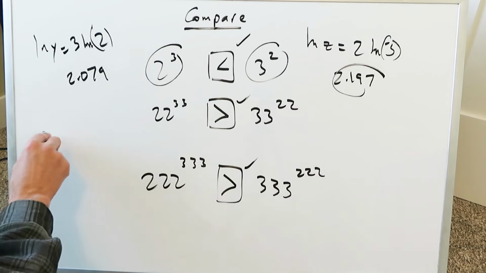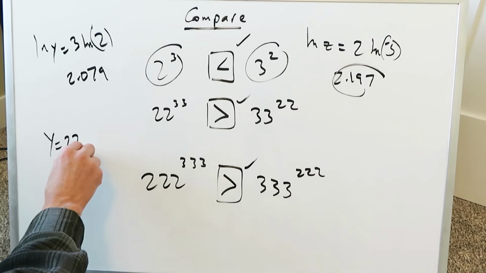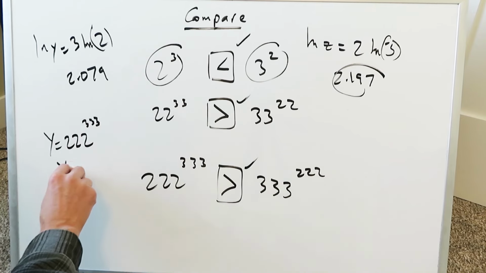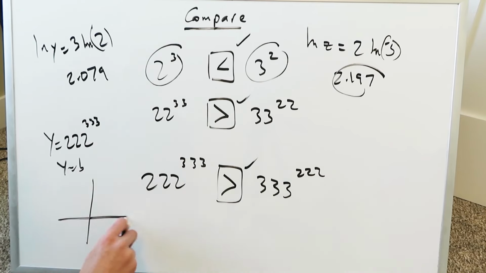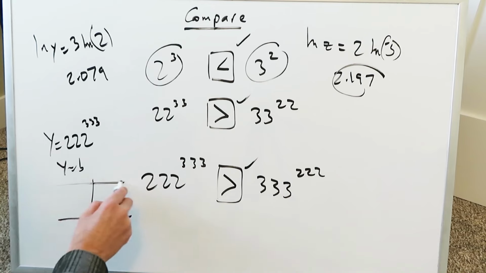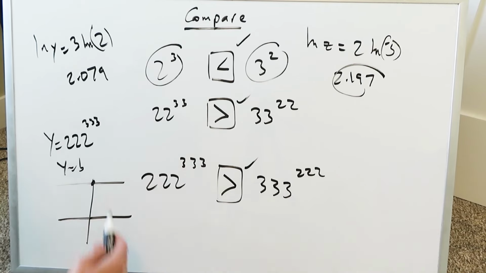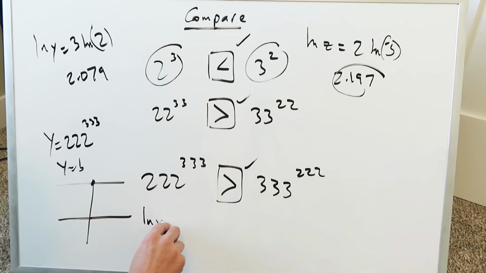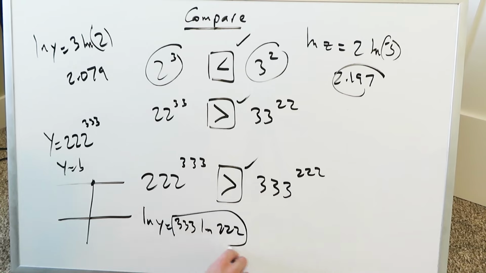This is technically no different than looking at a function y is equal to 222 exponent 333, like y is equal to b, a horizontal line, except this value is so high that you could never even graph it. But by bringing in the natural logs, you're looking at natural log y is equal to 333 natural log 222. You could technically get away with this little bit of a cheat. Imagine you eliminate the natural log.